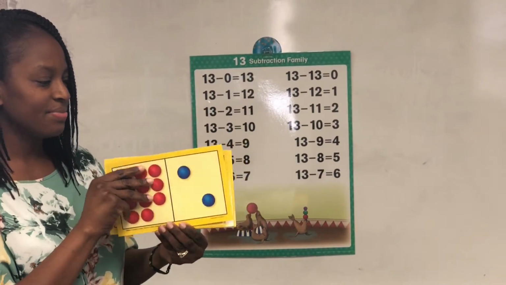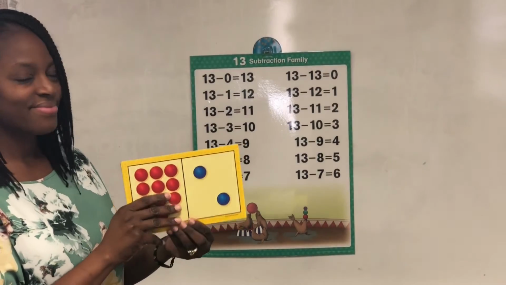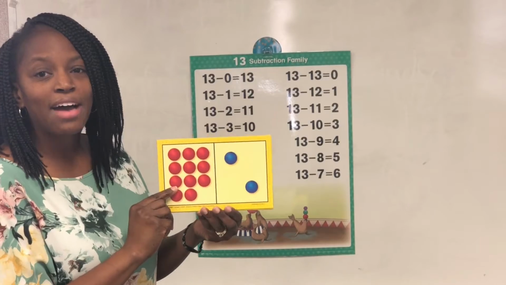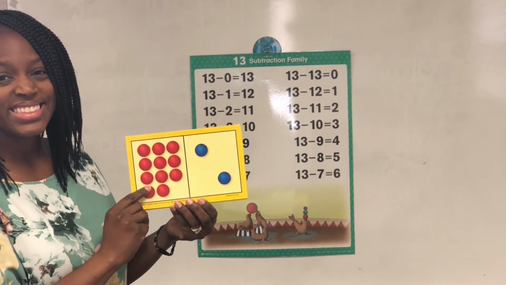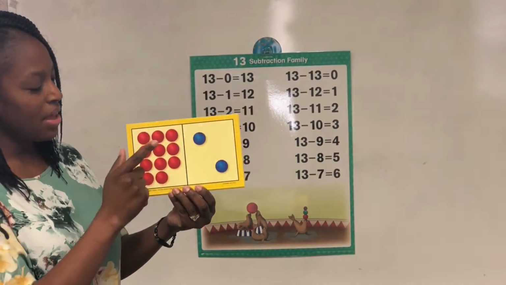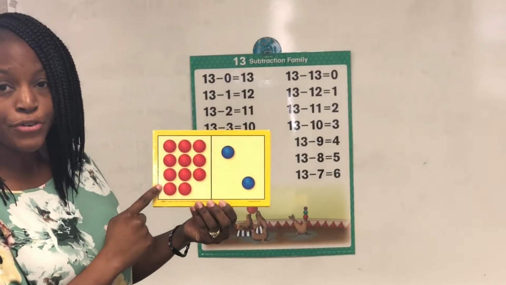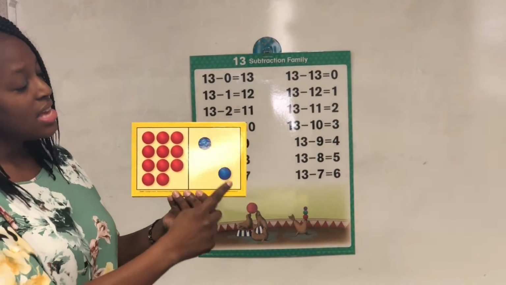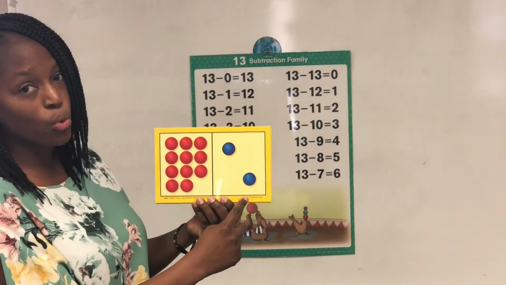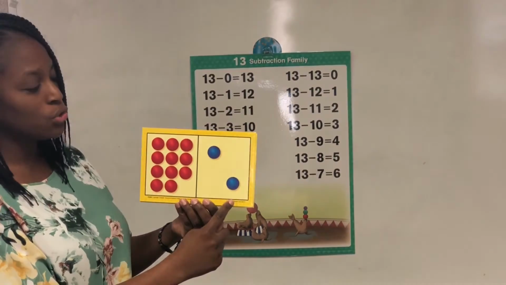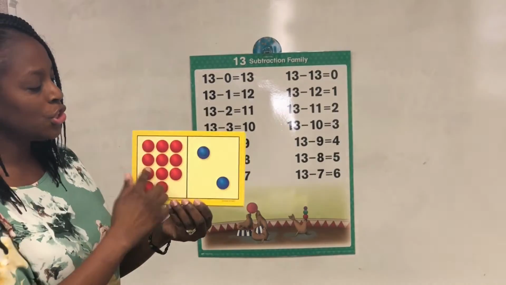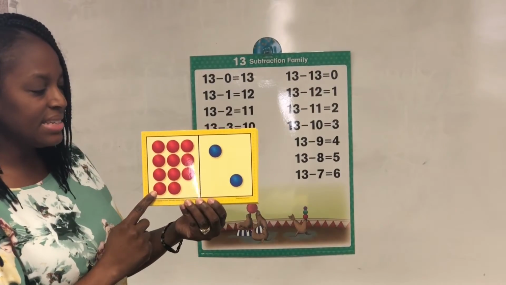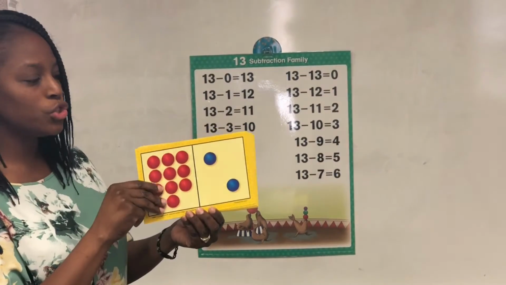Let's see that again. How many dots do we have in all? 13 minus the dots in the first square, 11, equals the second square, 2. My combination is 13 minus 11 equals 2.